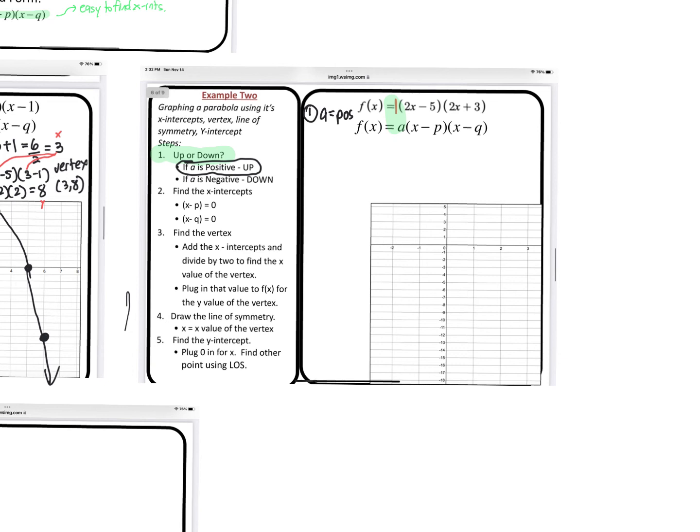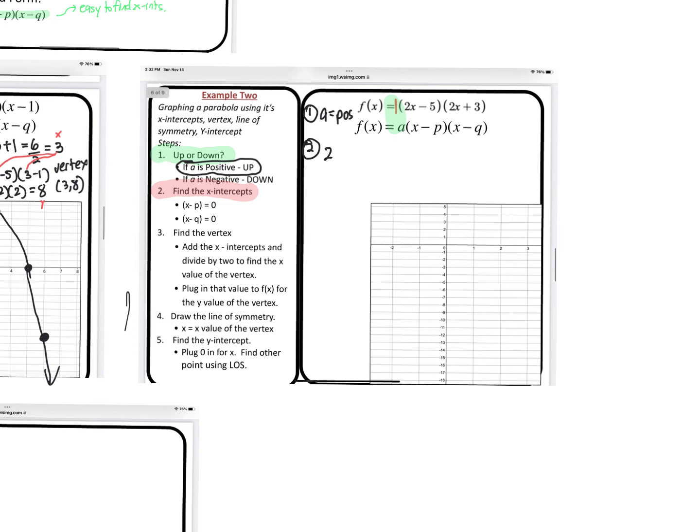Next, we're going to set each of these parts right here equal. So looking at the second part over here, we want to find the X-intercepts. And so to do that, I am going to be setting this part right here and this part right here equal to 0 and solve, and that will give my X-intercepts.